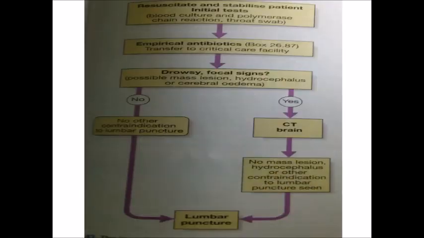So this is pretty much the flow chart of the management. So resuscitate the patient. This is first. Give him empirical therapy. If he's drowsy or having focal neurological signs that you are suspecting mass lesion or hydrocephalus or cerebral edema, then you will send him for CT scan.